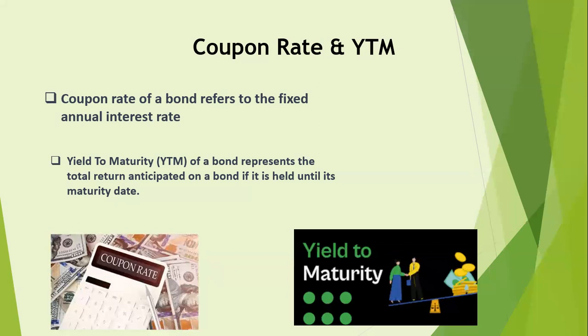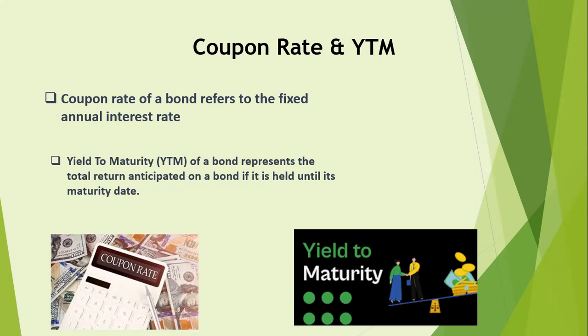And it is typically expressed as a percentage of the bond's face value. Now, this rate remains constant throughout the life of the bond, and it also determines the periodic interest payments known as coupon payments. And that's what the bondholder receives, the coupon payments.